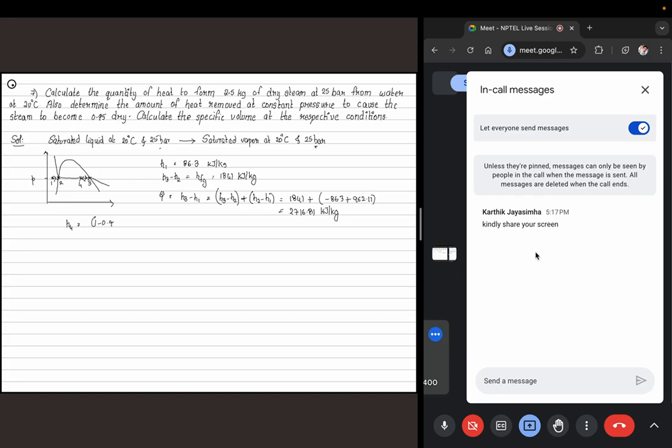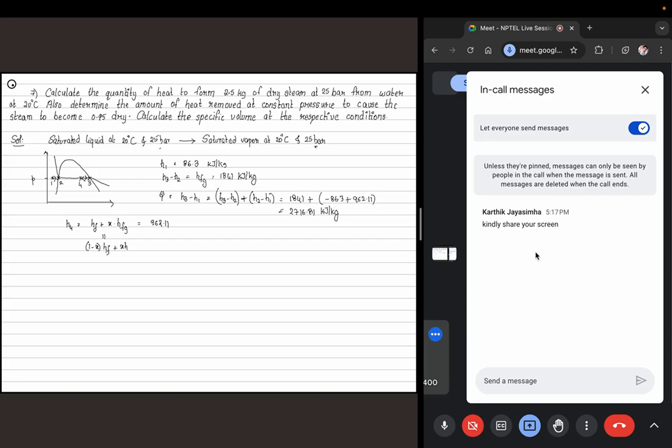So it is 1 times HF, or since we know HFG directly, I can write it as your dryness fraction times HFG. This is equivalent to saying (1 minus x) HF plus x HG, where HFG is HG minus HF.